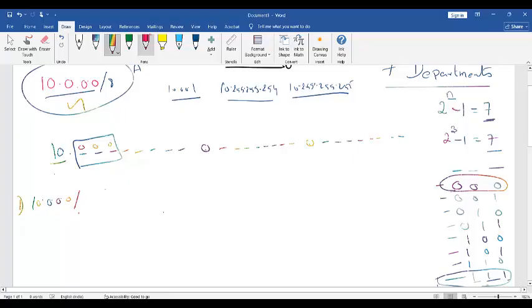But this time the mask is not 8. What is the new mask? I'll write it like this, new subnet mask. The first octet 8 and the second octet 3. 3 means here it is 128 plus 64 plus 32.